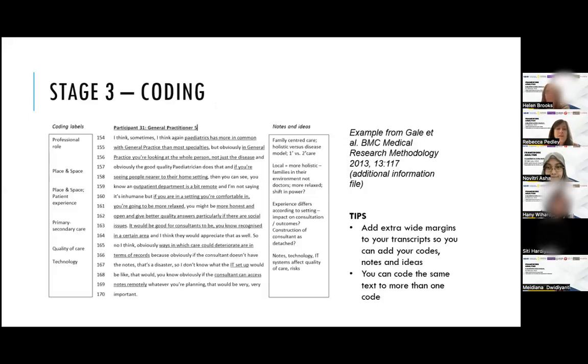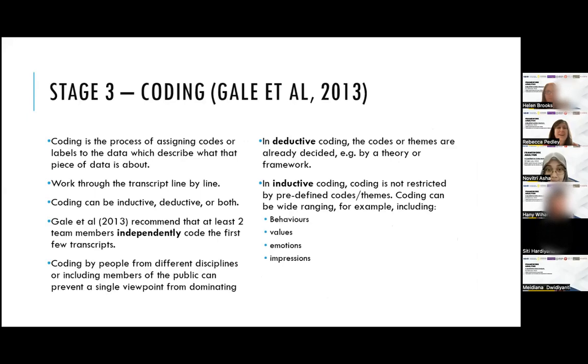And Gail recommends that at least 2 team members are involved in the coding process, and that they work together and code the first few transcripts independently. And that's really helpful, where you might have a team where people are from different disciplines.